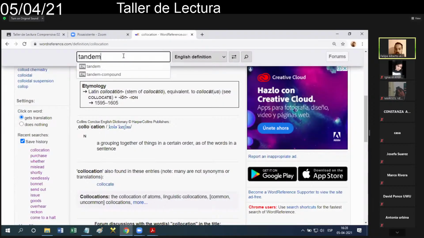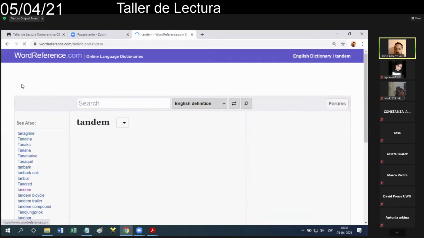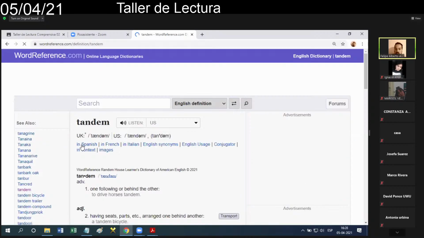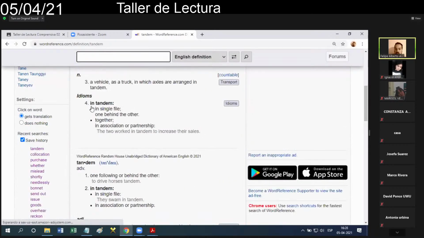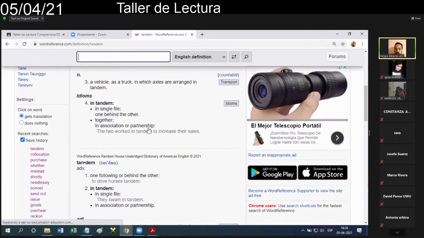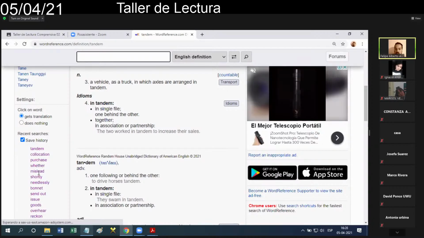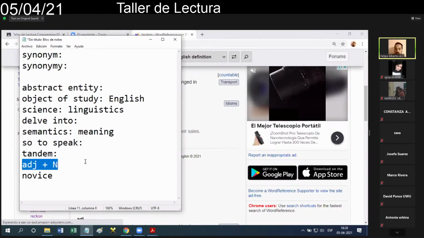Tandem. English definition, one more time. Guys, get used to that. Tandem: in association or partnership. Never forget this. And in English, this is a tandem, adjective plus noun, always. So, what's the issue here?